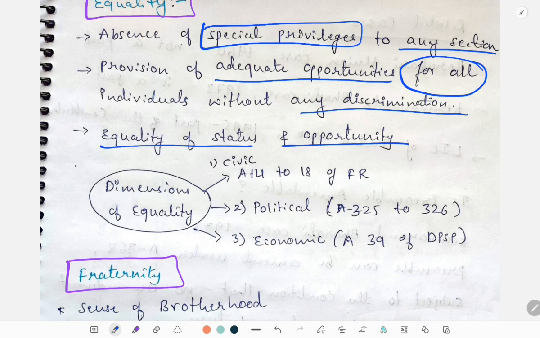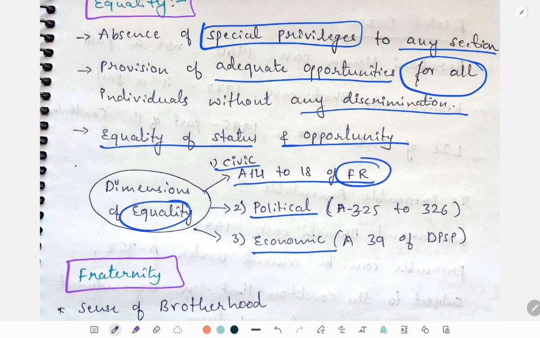There are three dimensions of equality: civic, political, and economic. Civic equality is in Articles 14 to 18 in the fundamental rights. Political equality means Articles 325 and 326, and economic equality is in Article 39 of the DPSP.